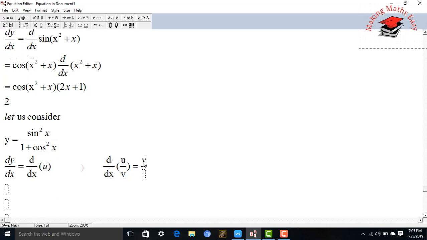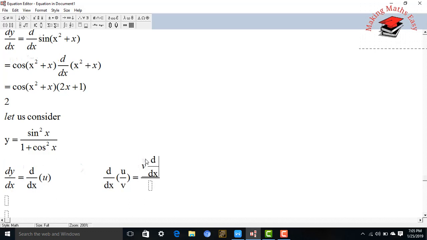So it will be v into the derivative of u minus u into the derivative of v, divided by v square. This is the standard formula for the derivative of u divided by v, for division.